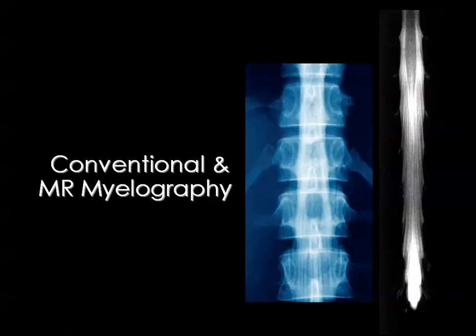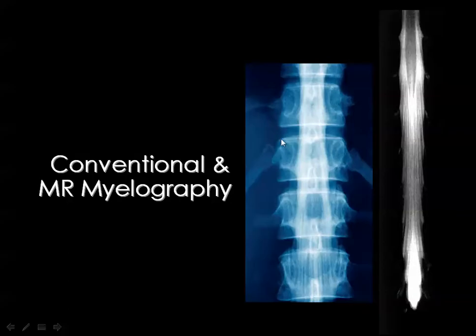Many times we use the facilities of MRI to obtain MR myelography, and we don't use any contrast media. We do not inject any contrast media inside the spinal canal, and we have special pulse sequences to obtain these beautiful images without any invasive techniques.